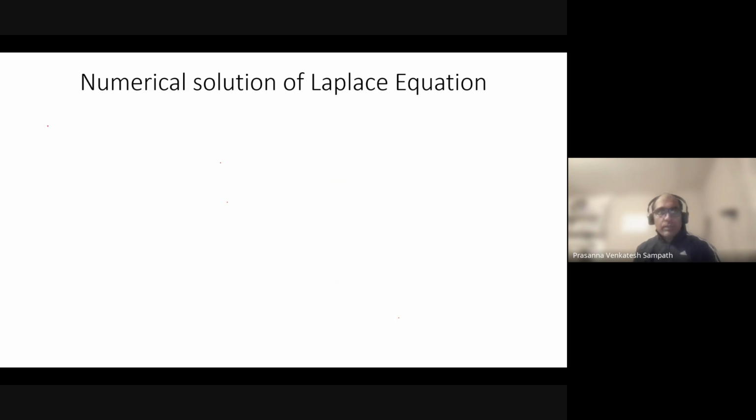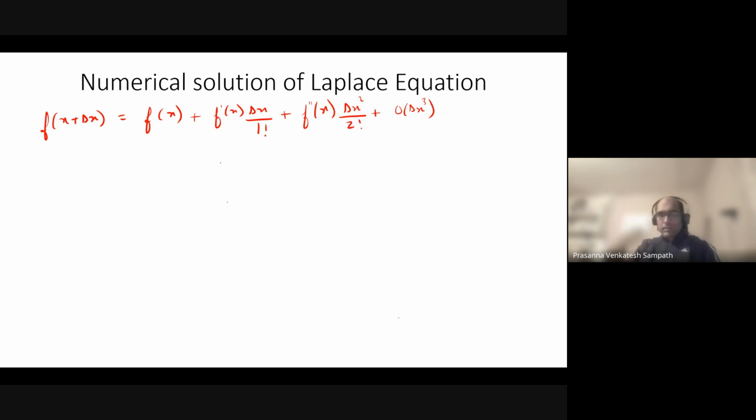Okay, so remember this: f(x+Δx) = f(x) plus f'(x)Δx/1!, which is 1 of course, plus f''(x)Δx²/2!, plus higher order terms of order Δx³. You can just keep extending it, plus f'''(x)Δx³/3!, and so on and so forth. It just goes on. It's an infinite series.